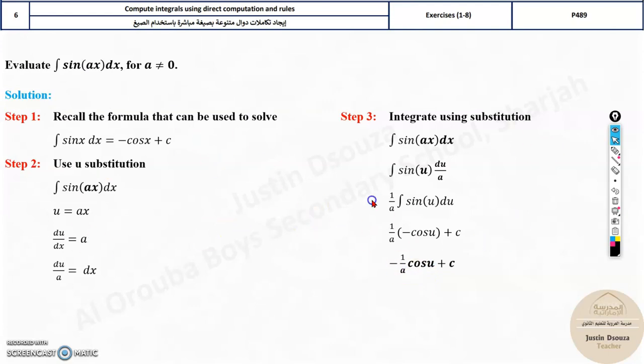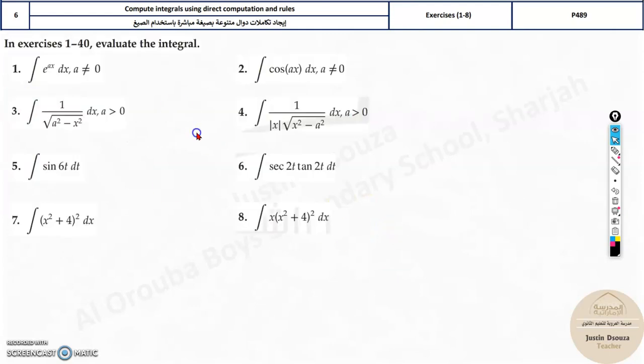Here you need to remember one important thing. Whenever you have a constant, when you do the u substitution, it will go out as the fraction 1 divided by the constant. Let's just look at these. There are many over here. I'll just pick sine or cos.